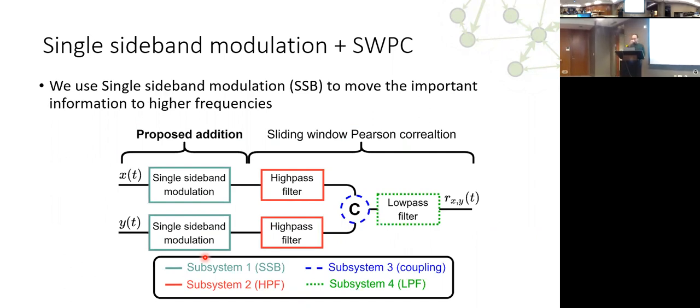To do that, we found that single sideband modulation worked great. What we are doing is just moving the content to higher frequency so that we are not worried about filtering out important information.